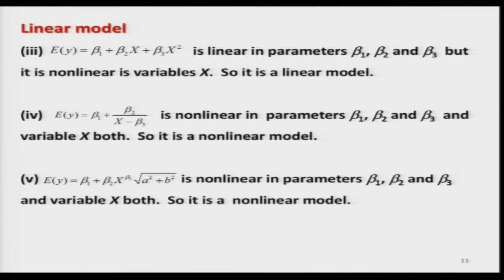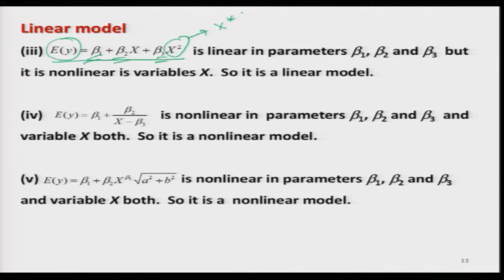Okay, now, let me take here one more model, third one. Expected value of y is beta 1 plus beta 2 x plus beta 3 x square. Now, if somebody looks it appears that this is a sort of second order parabolic model. So, this is non-linear because its scatter diagram will not come out to be linear, but if you try to differentiate expected value of y with respect to beta 1, beta 2, beta 3, you obtain the partial derivatives, then they will come out to be independent of the parameters, because here I can do one thing, this x square can be written as here x star.